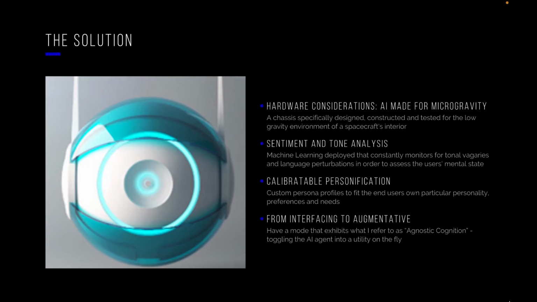Another related element is calibratable personification, and this is borrowed from one of the few things where sci-fi can inspire real-world AI problem solving. What does personality really mean in terms of a cognitive agent, or AI agent, pardon me?